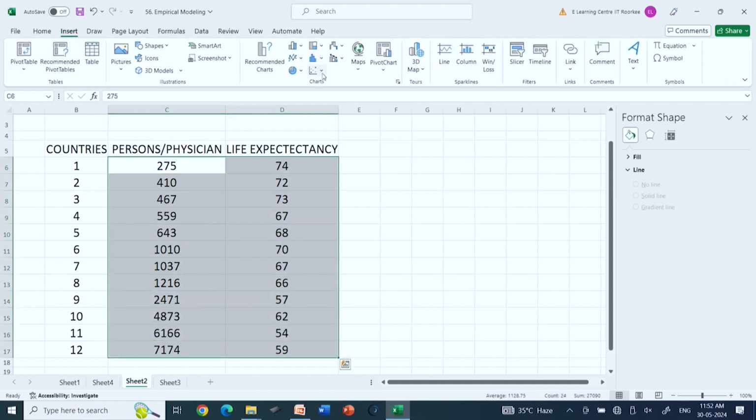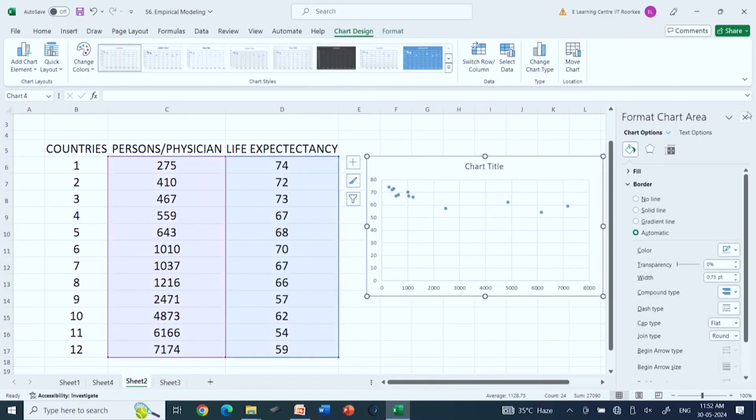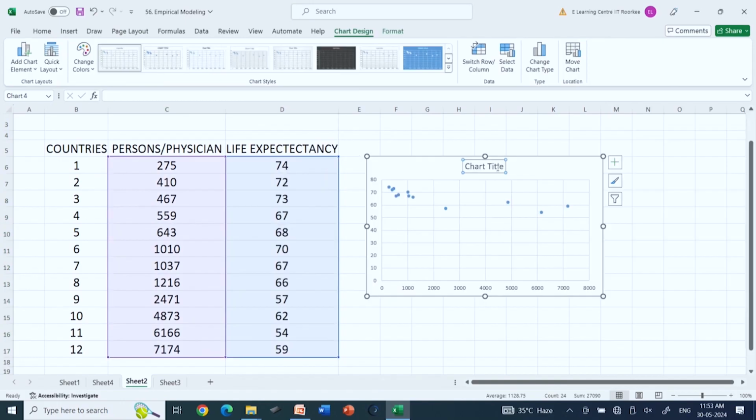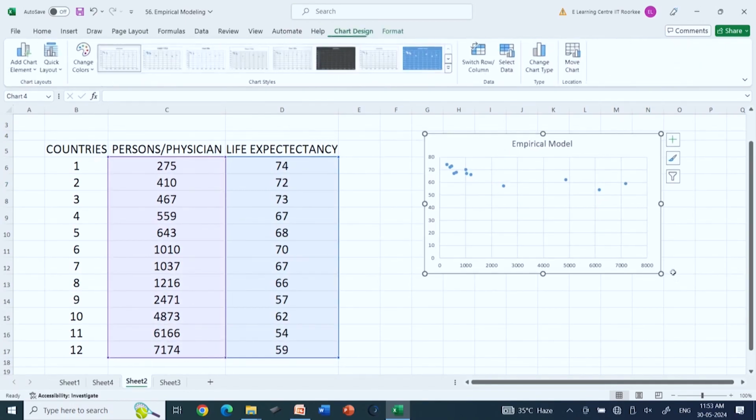So insert, I change the chart title to empirical model, and then I try to fit the trend.